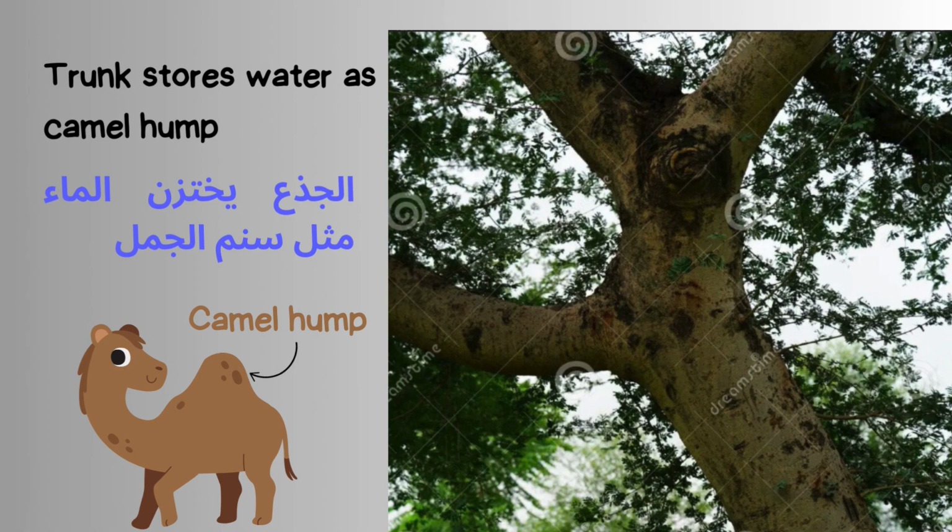So the trunk stores water. Why? Because this environment is characterized by the drought condition that may last for 6 months. So in the other 6 months, when there is water, the trunk stores this water to save it for the drought time, okay?